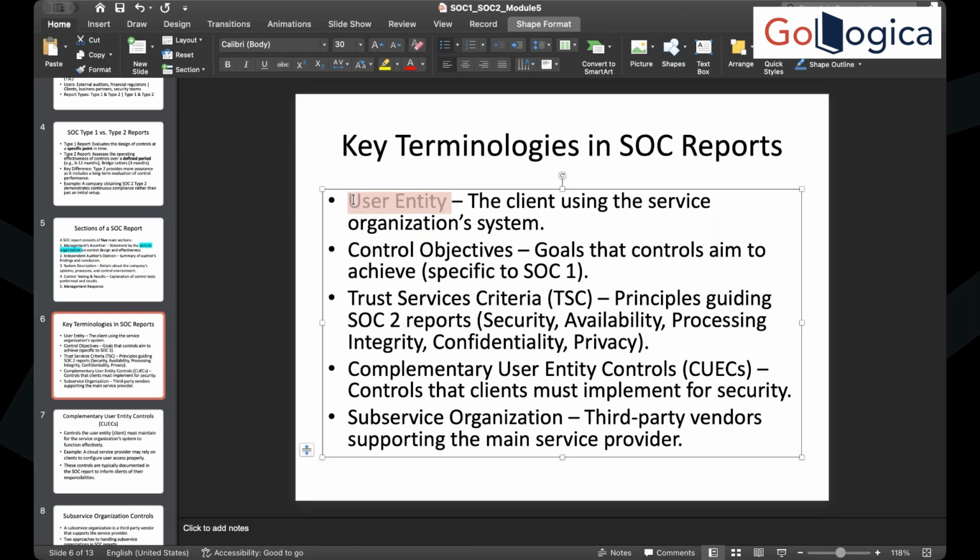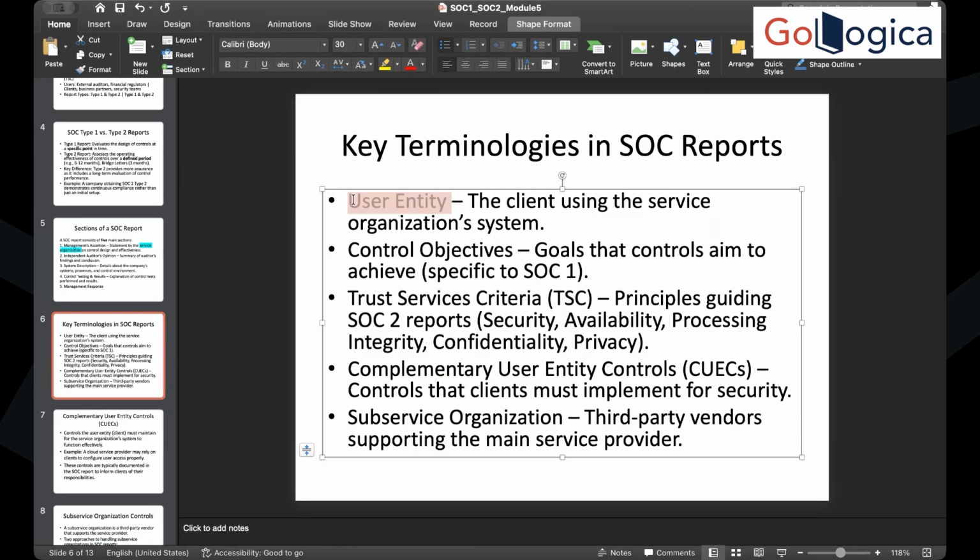Second is control objective. For every control that is there, first we define the control objective. What is this control objective going to cover? So, goals that controls aim to achieve. This is mostly specific to SOC 1, where we mention what control objective we are going to cover through the controls mentioned below. Make sense?